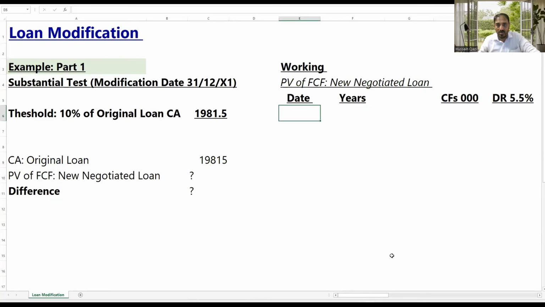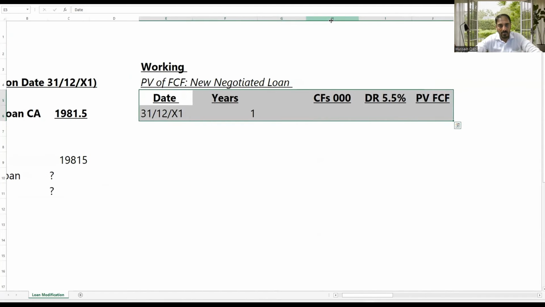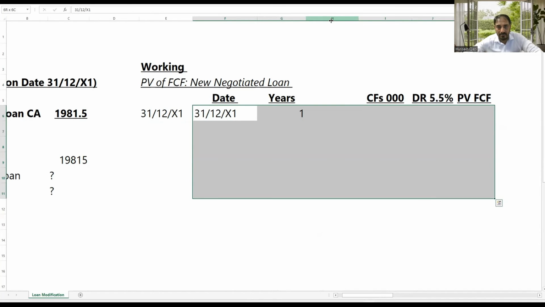So the first thing is 31st December X1. And that is year 1.